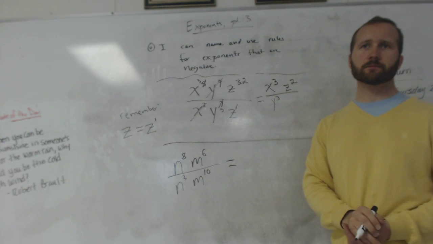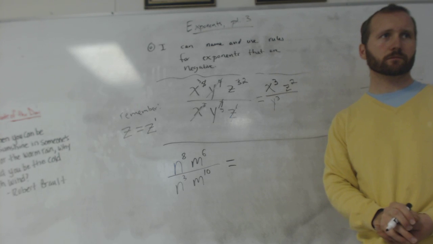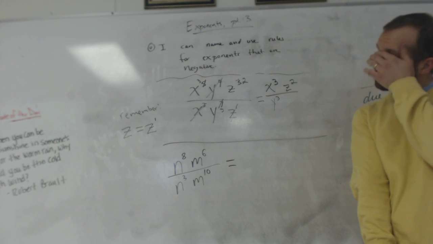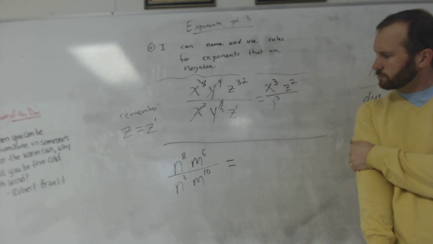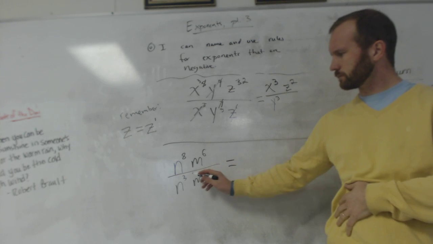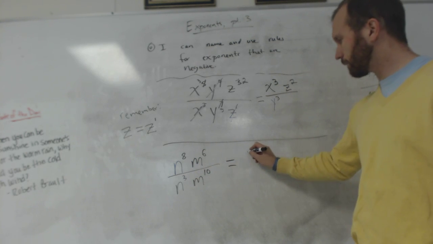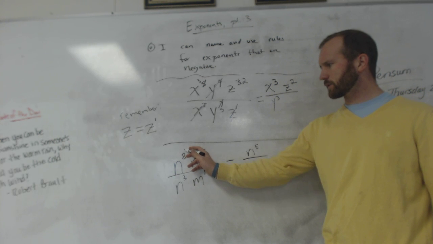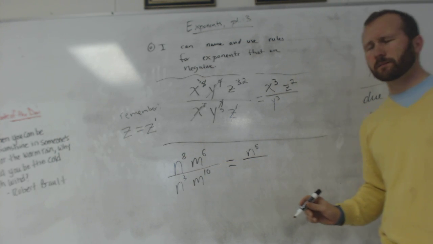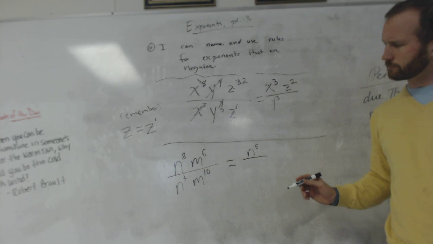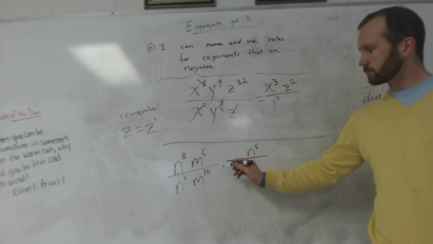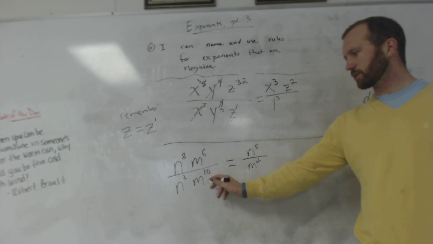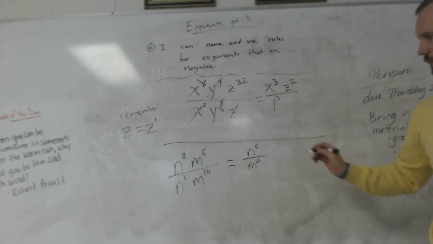How would you simplify that one? n to the 5th, and that's in the top of my fraction, because that's where I had more n's. Great. You make it n to the 4th underneath, because this is bigger. So I'm just taking these 6 away, and there's 4 left in the bottom. And that's it.